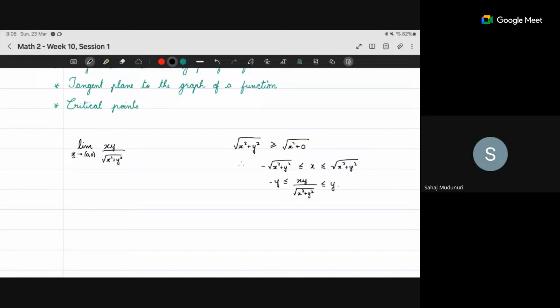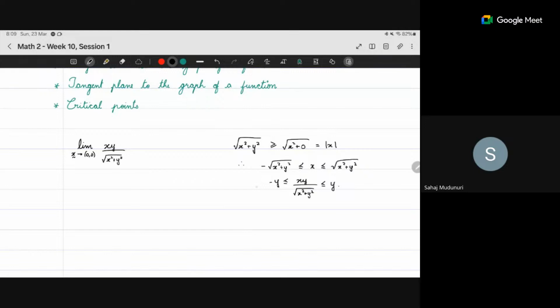So x square plus y square will have a larger square root than x square plus 0. But the square root of x square plus 0 is exactly equal to mod x, right? So mod x is less than or equal to the square root of x square plus y square. I've just rephrased it like this, and then I divide by the square root of x square plus y square, which is a non-zero number. We are approaching (0, 0); we are not at (0, 0).